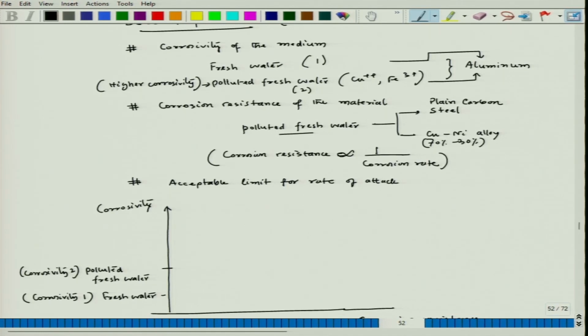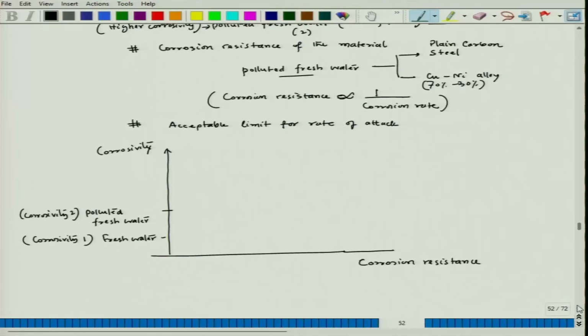It is a kind of qualitative assessment of the degree of attack exerted by the corrosive medium on the material. Similarly, on the resistance part, I can also fix a particular medium and then see what is the rate of corrosion that would be felt by the material.